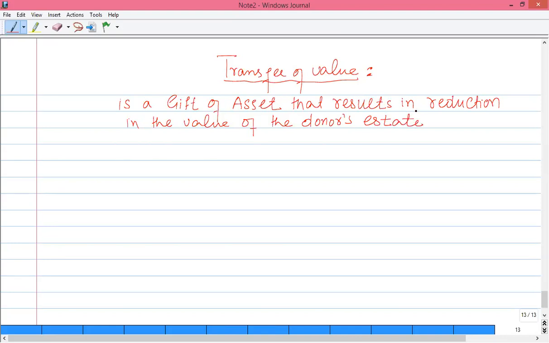So transfer of value means any reduction in the value of donor's estate, and it must be a gift.